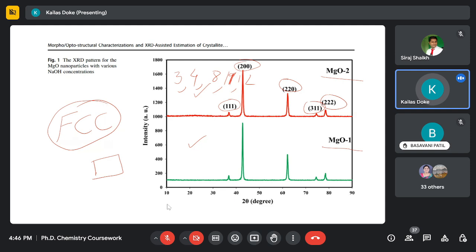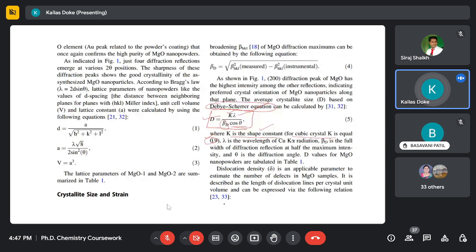Every crystal has a different K value. So for a cubical crystal, whether it is simple, body centered or face centered, the value is close to 0.91. Lambda is the wavelength of incident radiation, which is copper K alpha radiation. Beta is nothing but the full width of the diffraction peak at half maximum intensity.